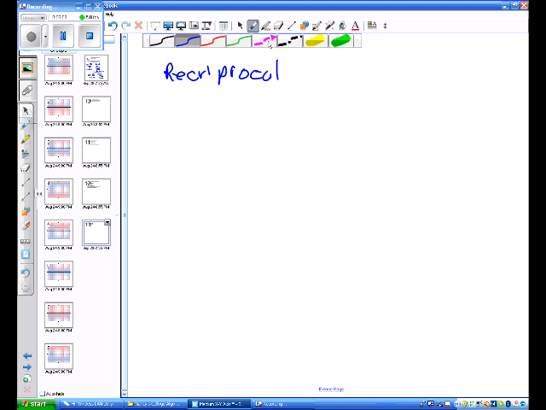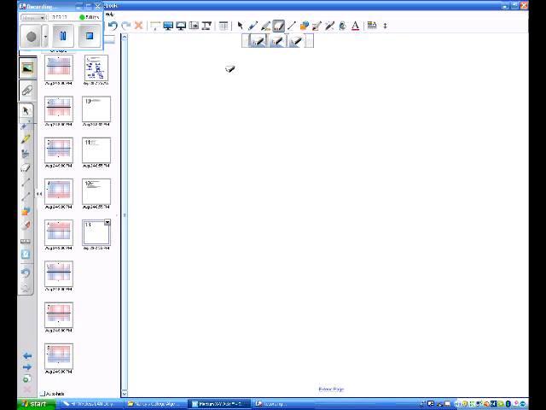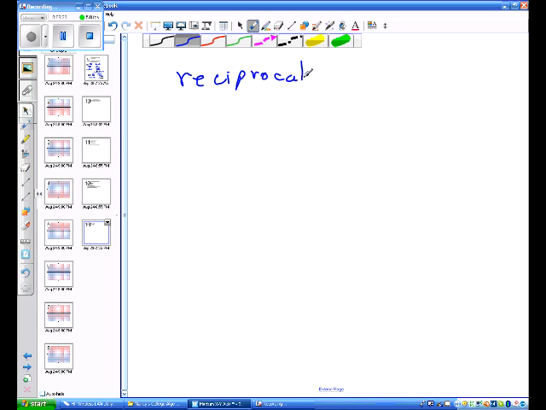Reciprocal. Now, there are two rational functions that we can graph by transformations. We won't do a lot of graphing by transformations here because most of them aren't conducive to doing that.